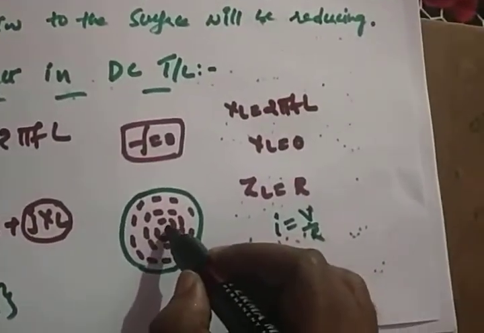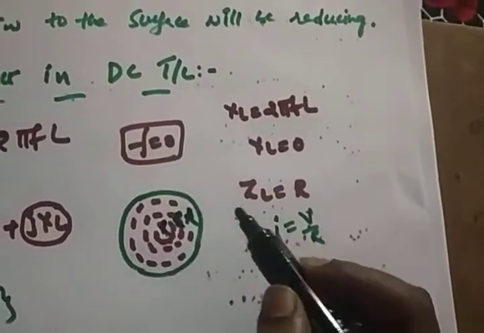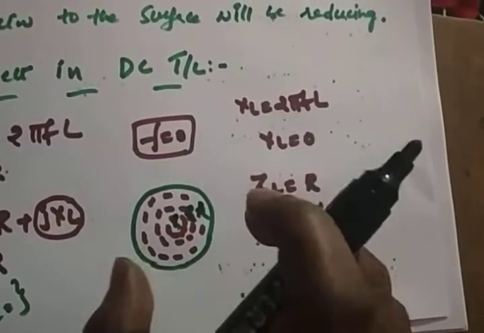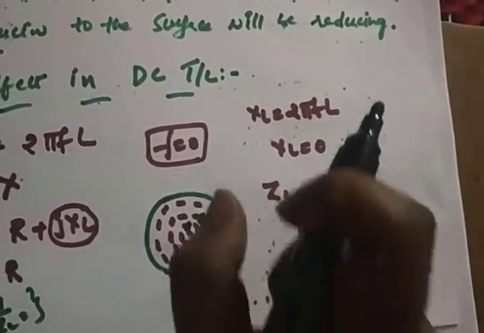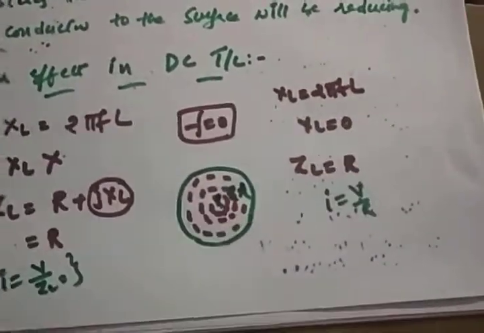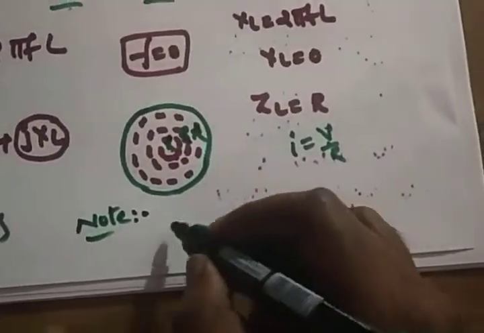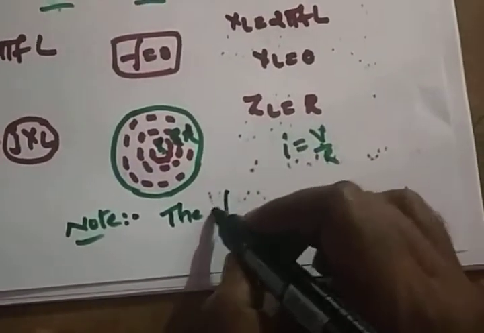Here the resistance is R, here R, and here R. The impedance is constant, so the current is also constant. That's why in a DC supply we don't have much skin effect. So the note is: the effective resistance is constant.